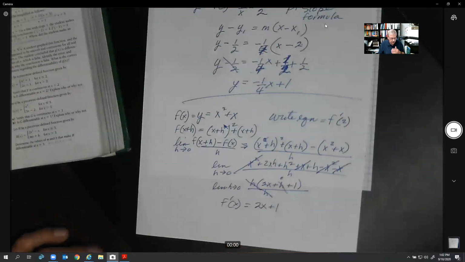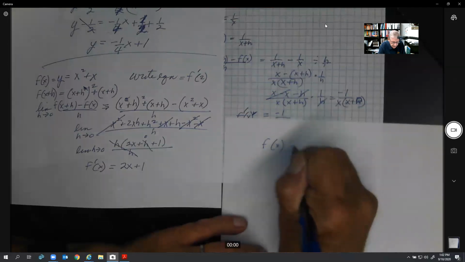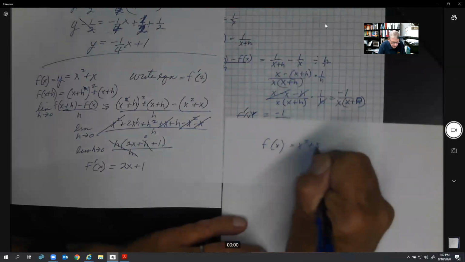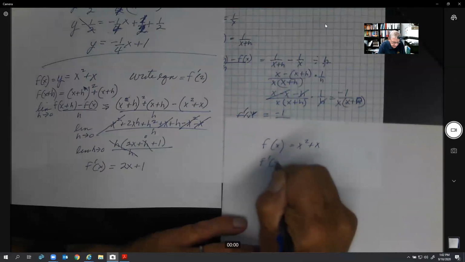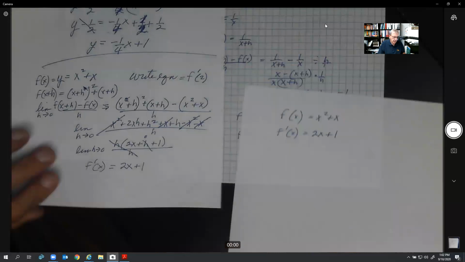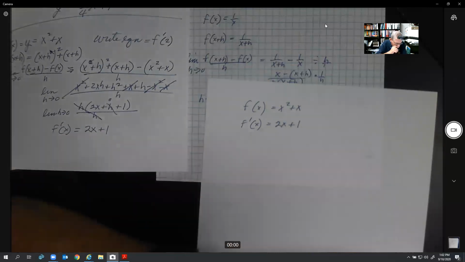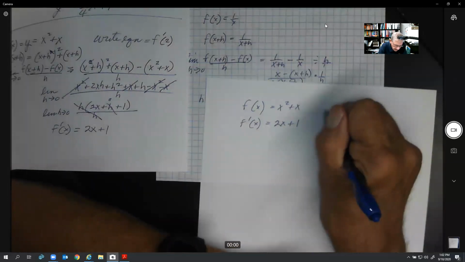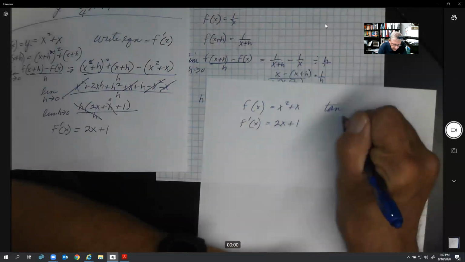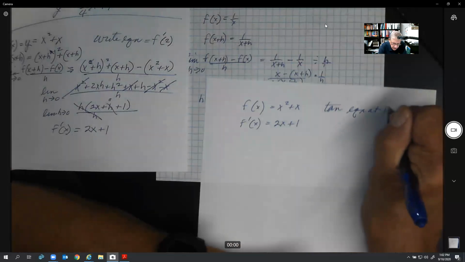Okay, so we got our first derivative. Now we're going to find the equation of the tangent line. Here was the original problem. Here's our first derivative. You can see it's pretty time consuming, huh? Now we're going to try to find the equation of the tangent line where the derivative is 2.